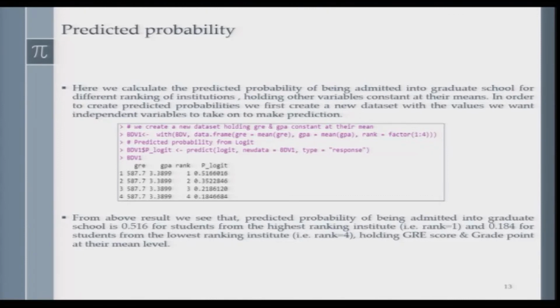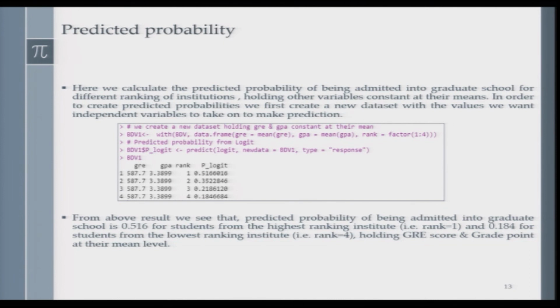In the next slide I am going to show you how to compute such probabilities from the logistic regression equation. Here you see I am showing you the code in the box. Note that to create the predicted probabilities we have to create a new data set, and that data set should have the values we want the independent variables to take on to make the prediction.